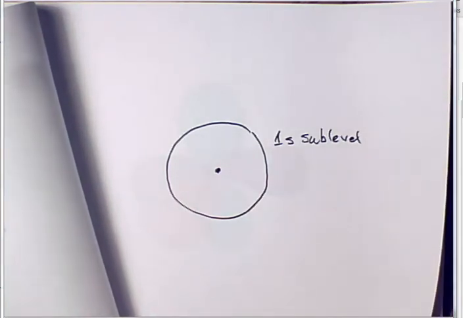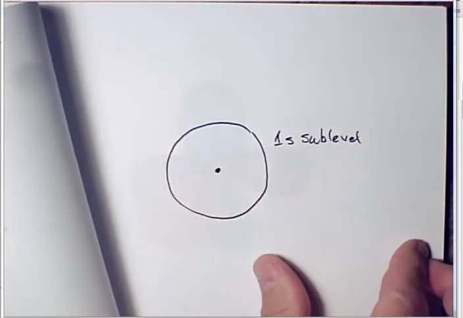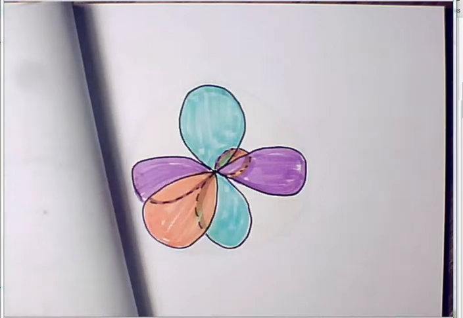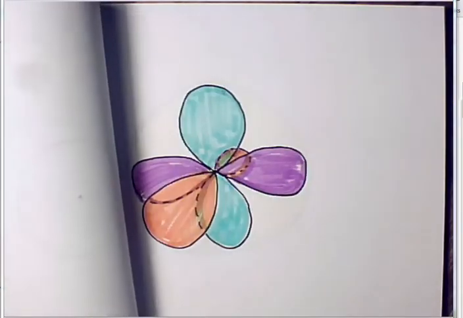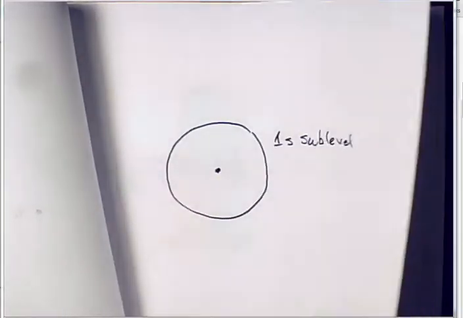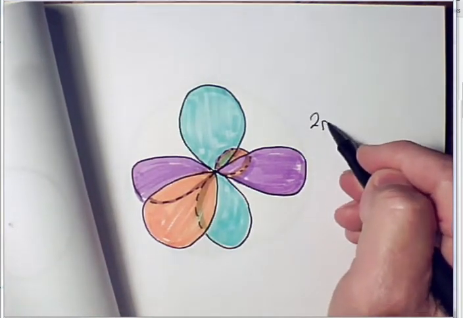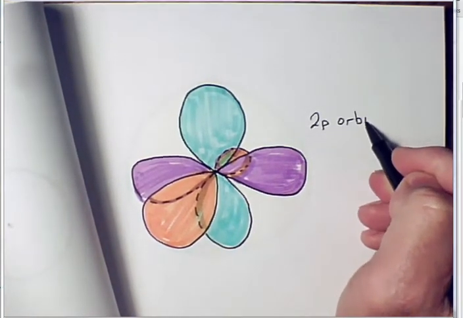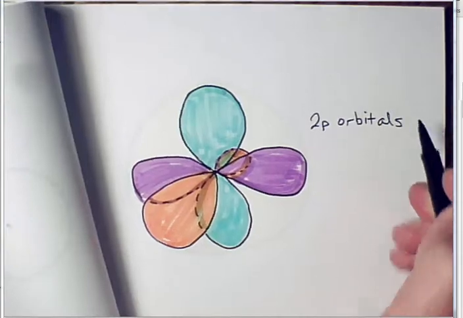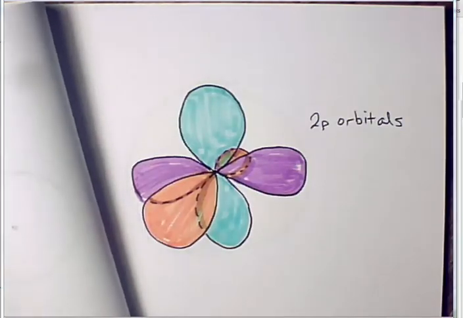Now then, after we fill up the 1s sublevel, we actually fill up the 2s sublevel next, right? But in terms of where we go from the center out, we actually reach the p orbitals next. So here's our 1s sublevel, and you can see how 1s fits inside 2p. So these are the 2p orbitals. Nucleus, 1s, and 2p.